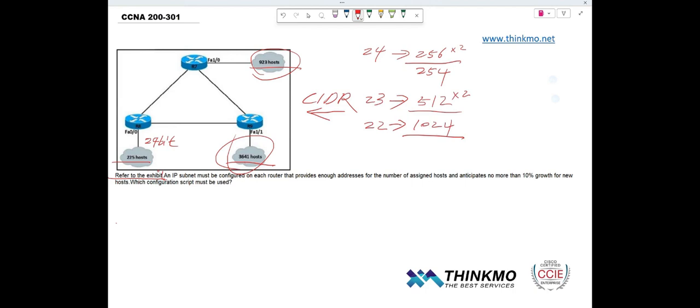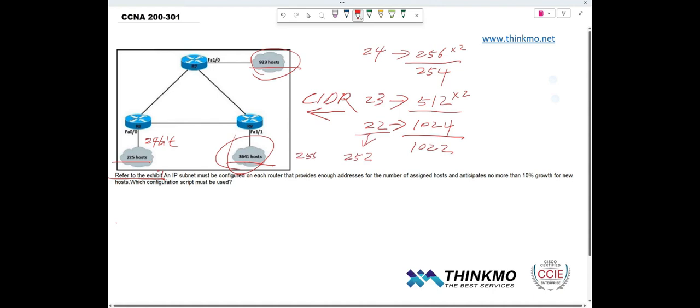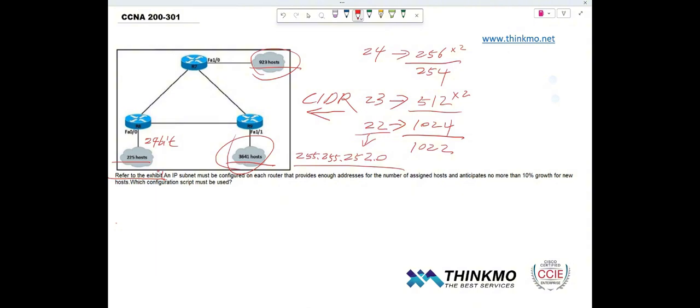The first is the network address, and the last is the broadcast address. So there are 1022 usable addresses. So we need to use this 22-bit subnet, written as 255.255.252.0, right?